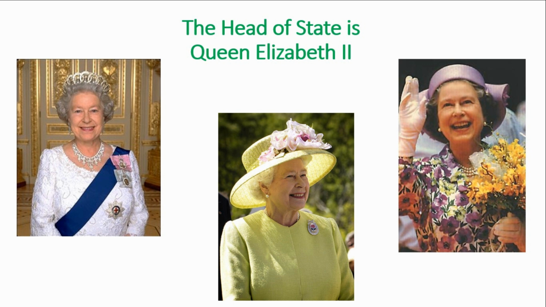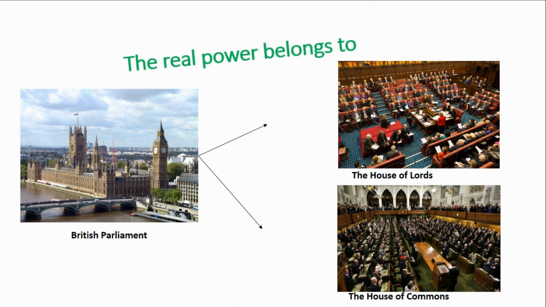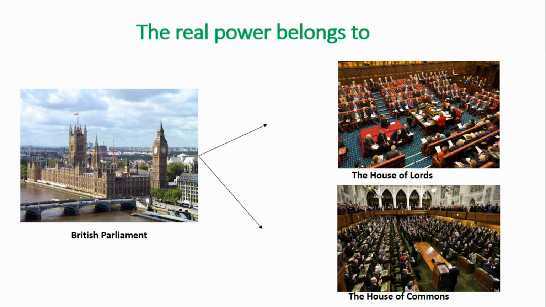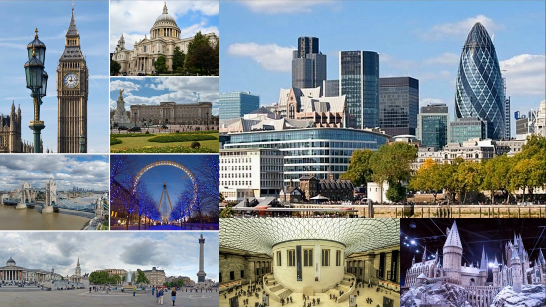The head of the state is Queen Elizabeth II. But the real power belongs to the British Parliament. The British Parliament consists of the House of Lords and the House of Commons. And this is London.